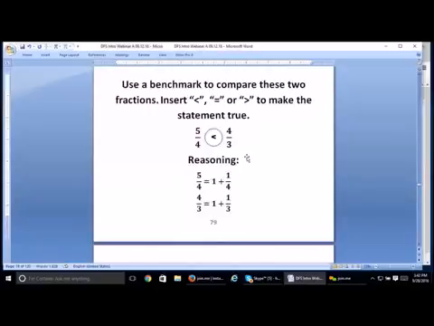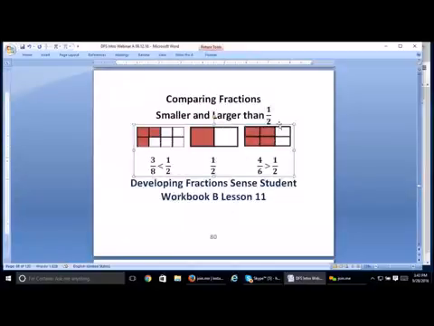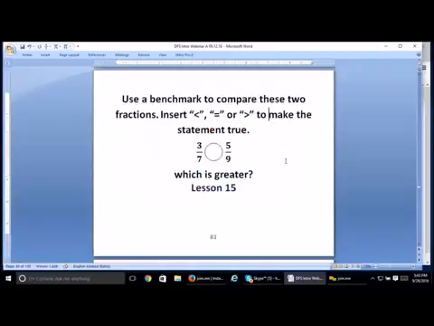Now, in lesson 11, the students work with the benchmark of a half. Notice that when the numerator is less than half of the denominator, the fraction is less than 1/2. 3/8 is less than a half. 4/6 is more than a half because the numerator is more than half the denominator. So this is lesson 15 now.